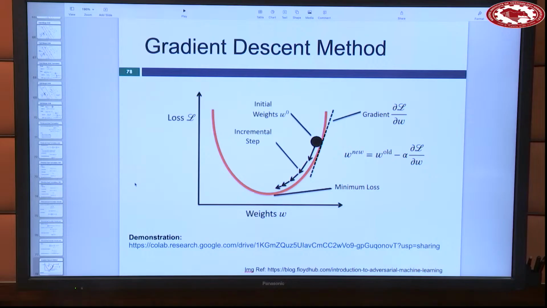For example, here, if we are here, this point we have chosen is the start point, w naught. Compute the gradient. What is the direction of the gradient? Upward. The negative direction is downward.